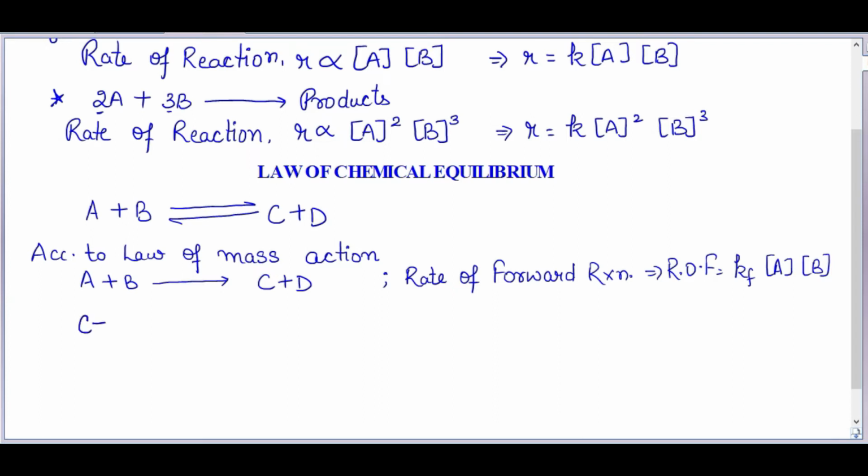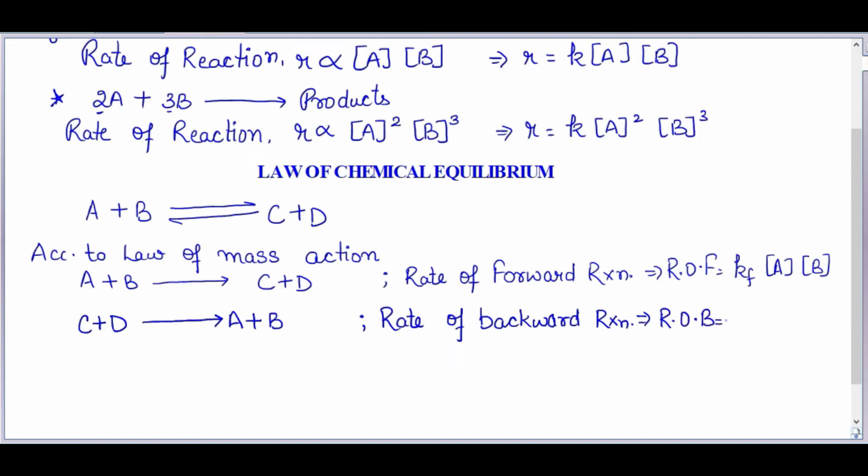So you just write C plus D gives rise to A plus B. So the rate of backward reaction equals Kb, the molar concentration of C into the molar concentration of D.